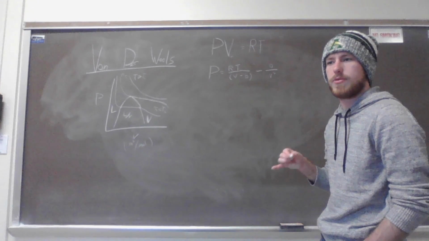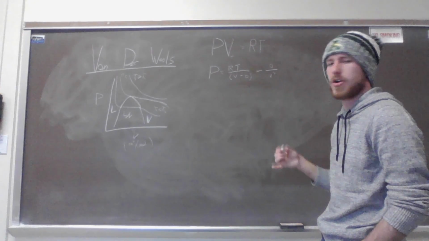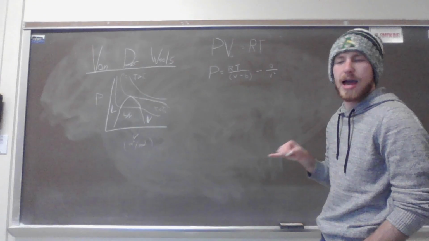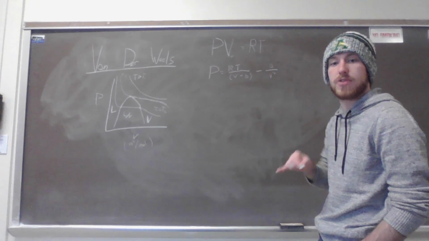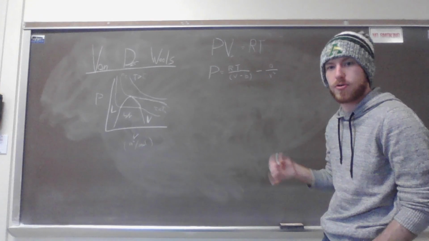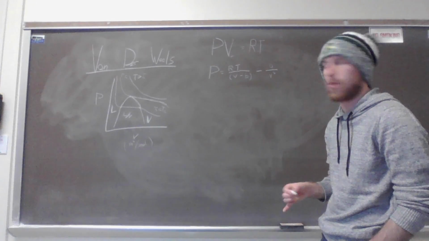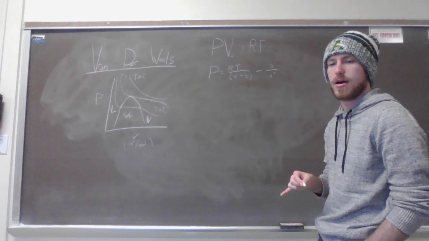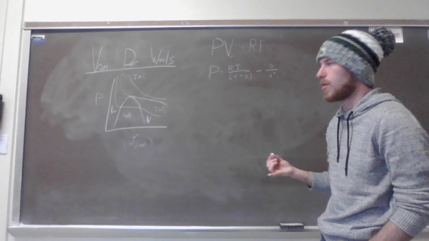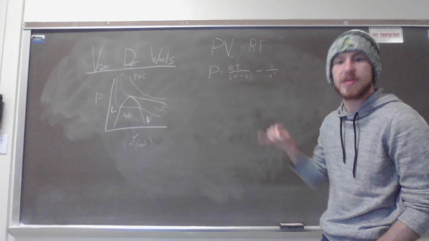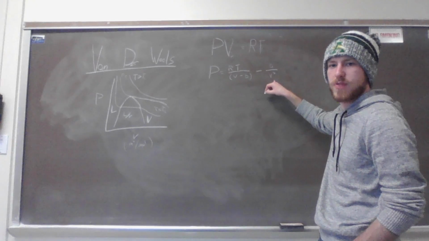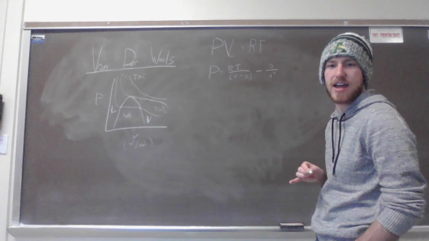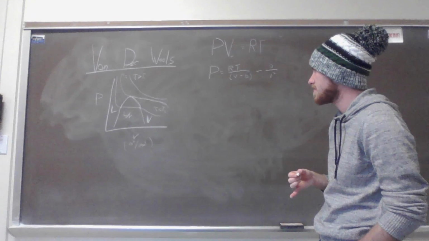So the attraction of those particles is 1 over v. However, the only particles that feel that attraction are the ones near the outside of the container, which is roughly proportional to 1 over v. So only the 1 over v amount of particles that are near the edge of the container are feeling an attractive force of 1 over v. So when we combine that, we get 1 over v squared, and then of course a is that constant factor that applies for each individual substance.